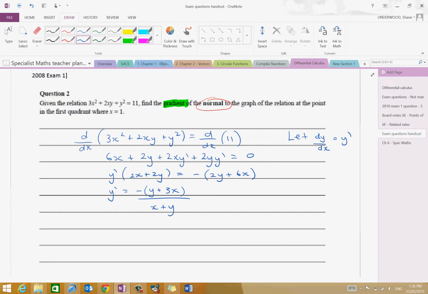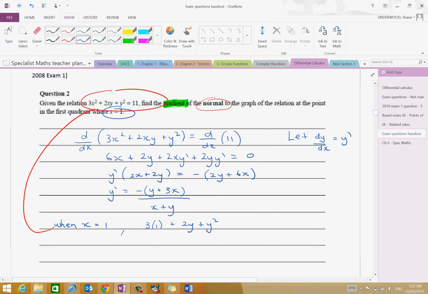Now, I found y dash, and it says find the gradient of the normal at the point where x is equal to 1. Well, when x equals 1, we need to plug that into the relation here. You wouldn't do this in here, but you need to. So when x is equal to 1, we've got 3 times 1 squared plus 2 times 1 times y, which is 2y, plus y squared is equal to 11.